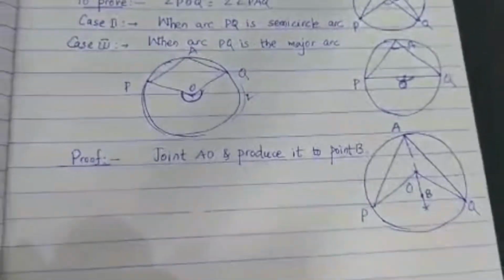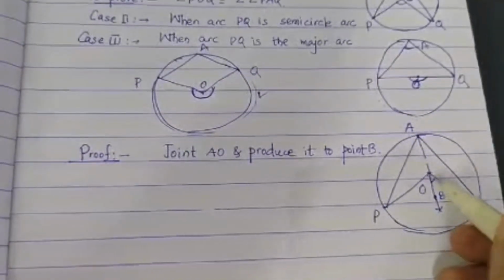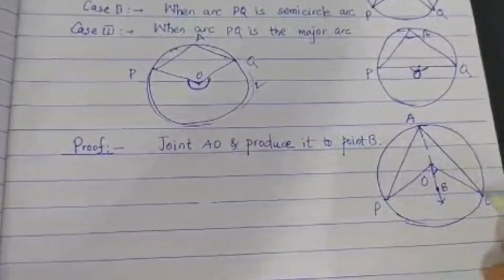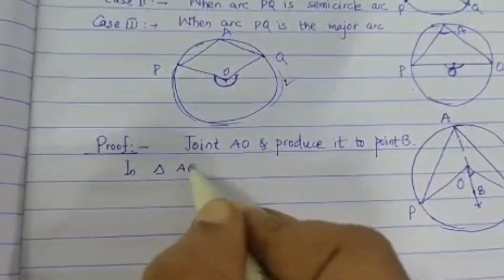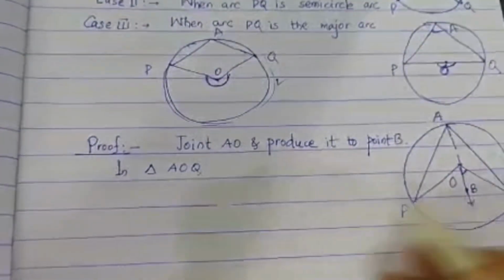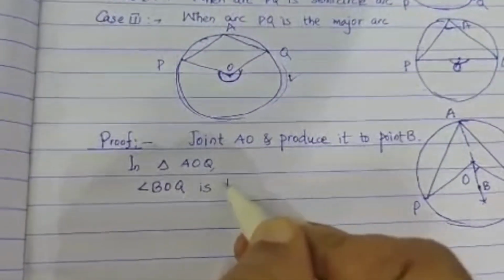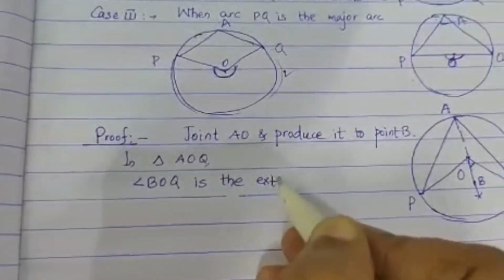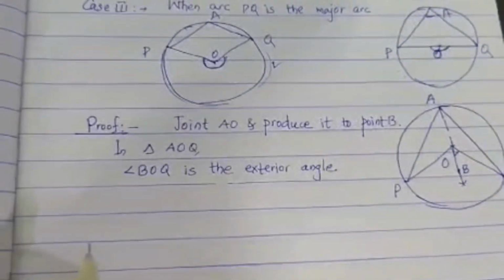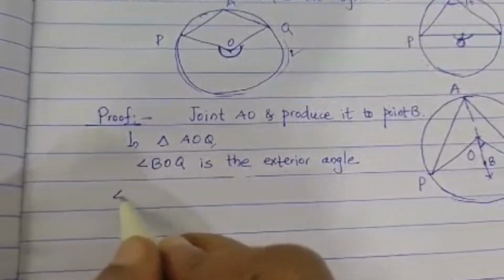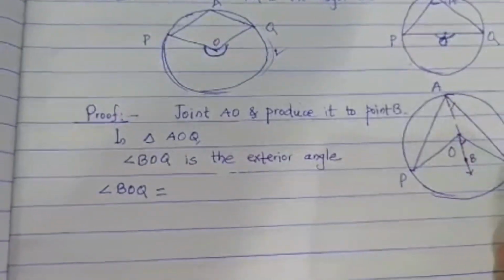Now this is making an angle here, angle BOQ. In triangle AOQ, angle BOQ is the exterior angle, and we have learnt that this exterior angle BOQ is equal to the sum of 2 interior opposite angles.